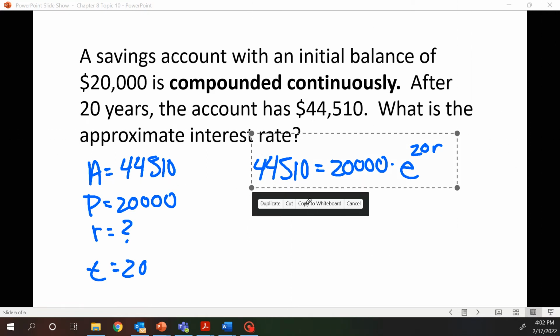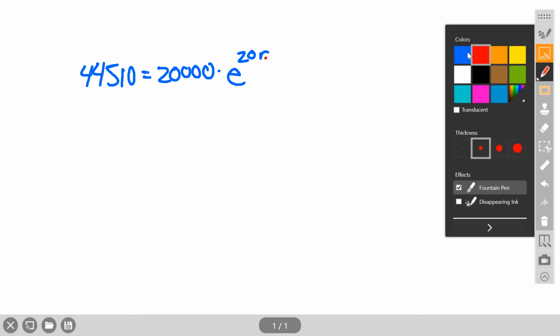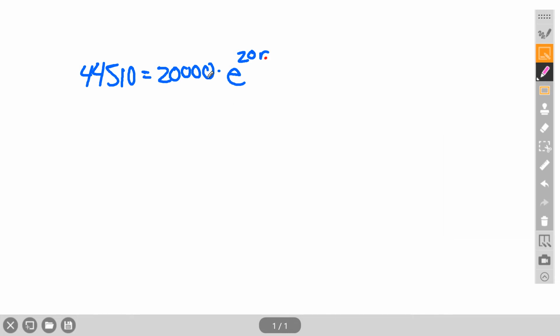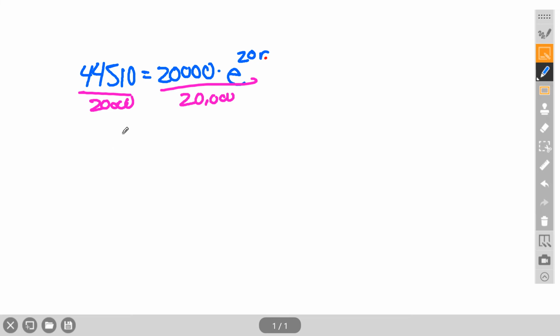Once again, we have an exponential equation here. Our variable of interest is in the exponent. So we're going to have to handle this by solving this. First, we need to get the e by itself. So we divide 44,510 by 20,000.